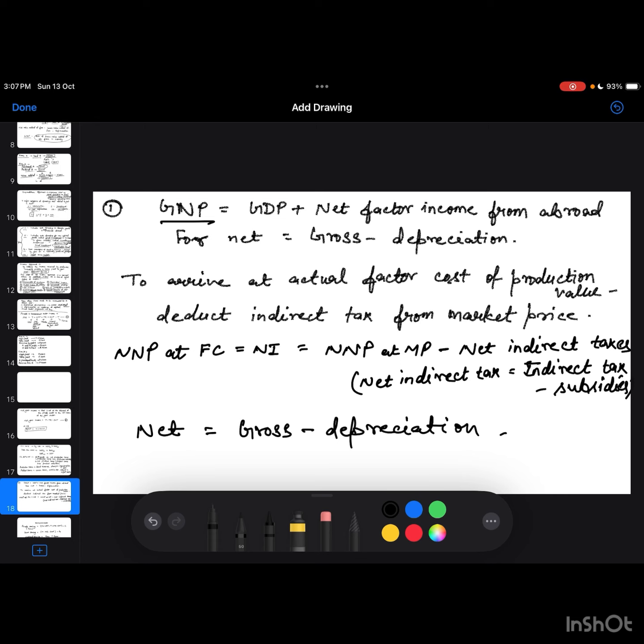Okay, and if we want to find out the factor cost of production, then we need to deduct the indirect taxes from the market price. Like we can see here, NNP, that is net national product, at factor cost will be equal to national income. NNP at factor cost is also known as the national income, and we can get NNP at FC, that is factor cost, by subtracting net indirect taxes, that is indirect tax minus subsidies, from the NNP at market price.